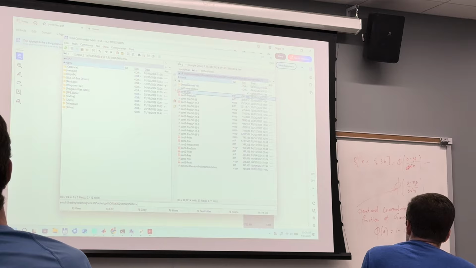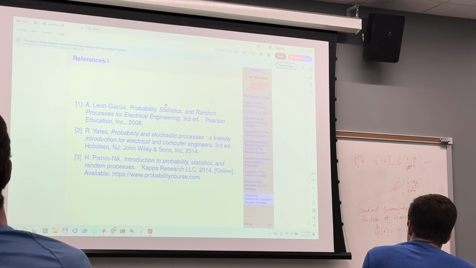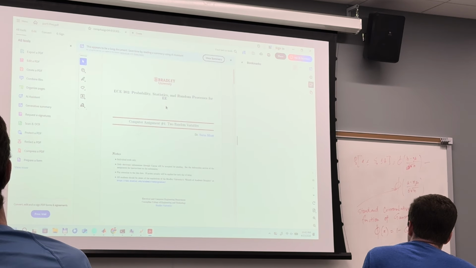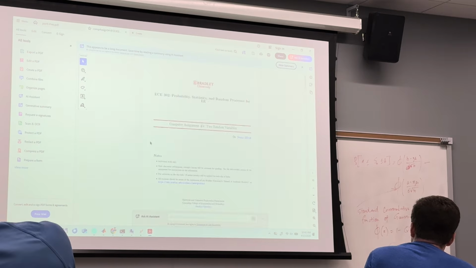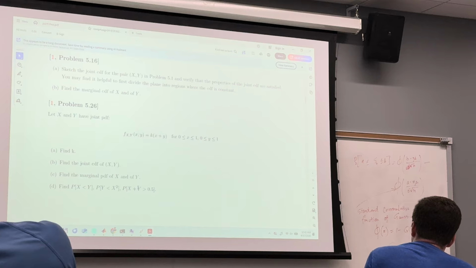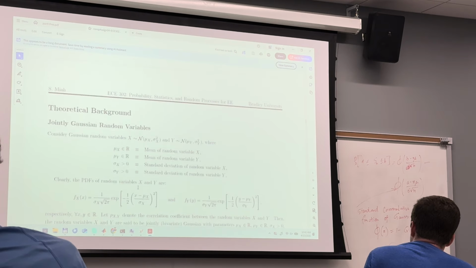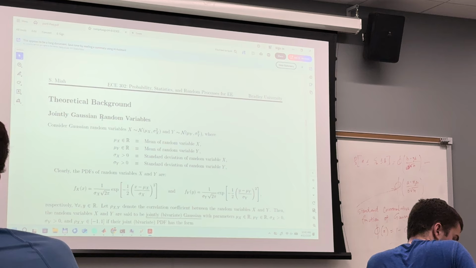So please do not simply skim over the solution. After the example, the rest of the theory, I summarized everything in this section, jointly Gaussian random variables. Make sure you go through this part.